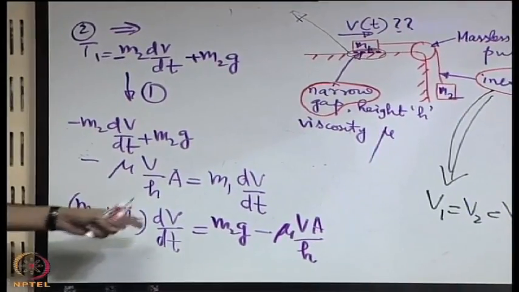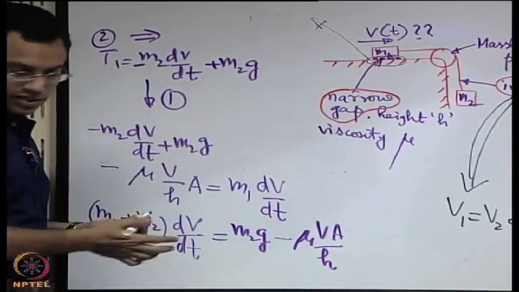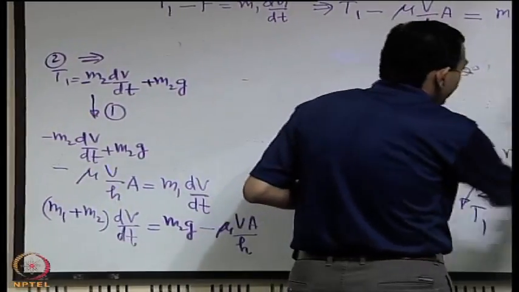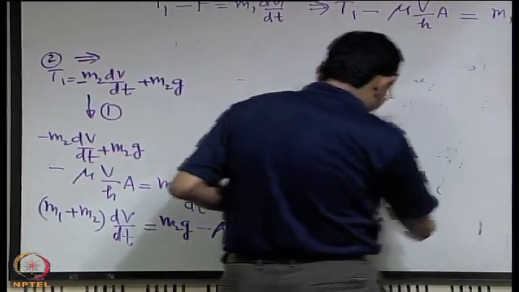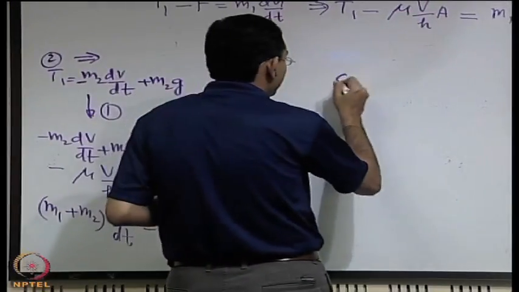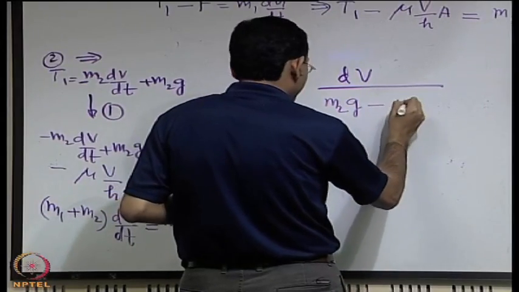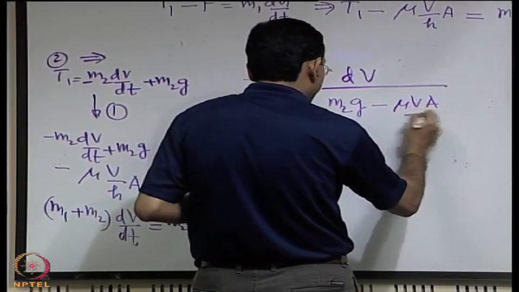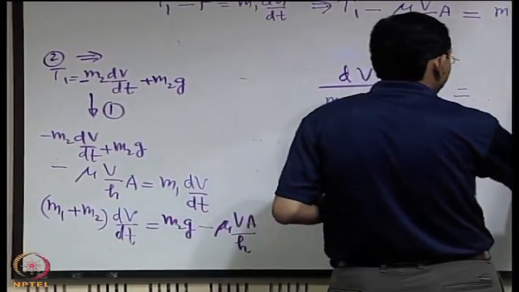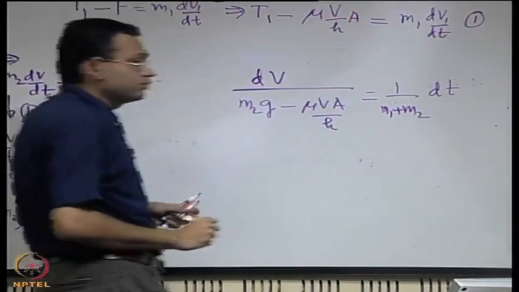It is very easy to integrate it, you can just separate the variables. So you bring whatever function of V is there on one side and whatever function of t on the other side. So you have dV divided by (M2g minus mu V A by H) is equal to dt times a constant.